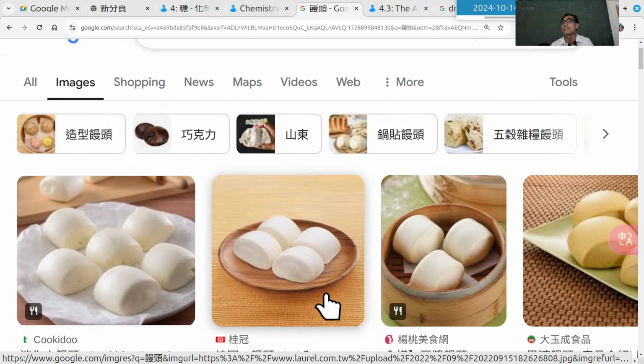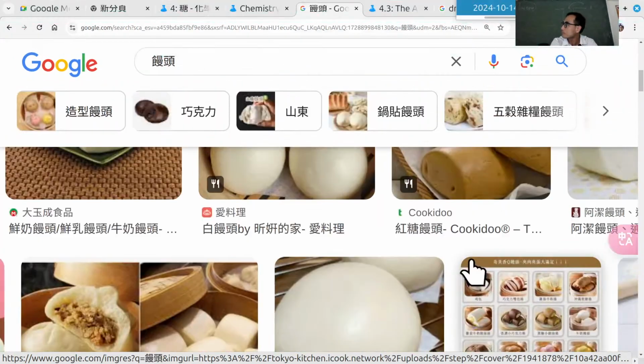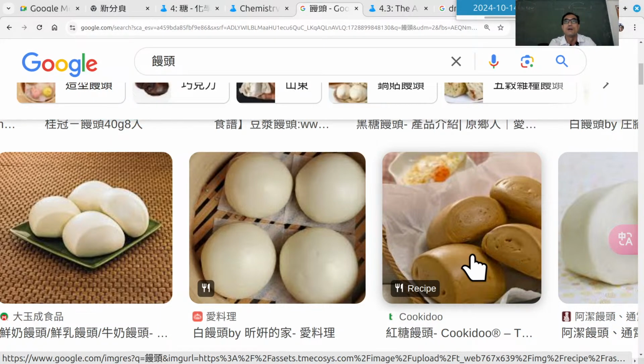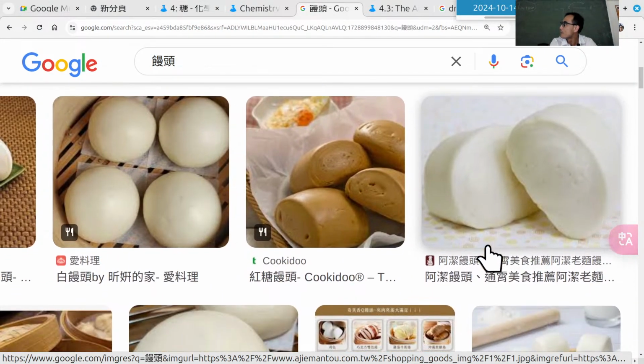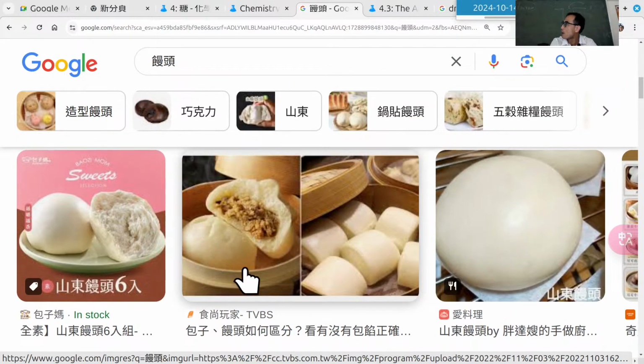It's not baked. It's steamed. It's made by heating the water and generating steam, not baking in the oven. And this one is brown sugar steamed bread, like this, and this is the stuffed one.